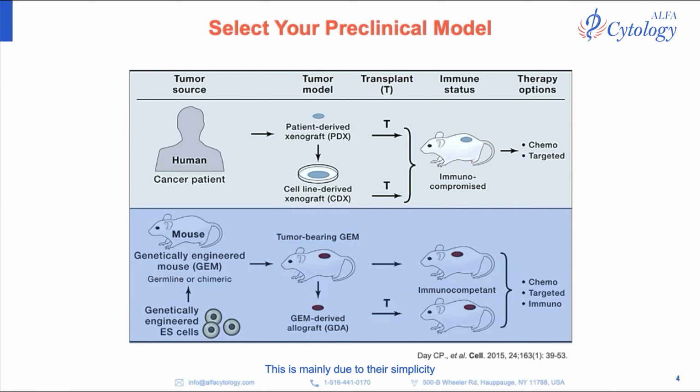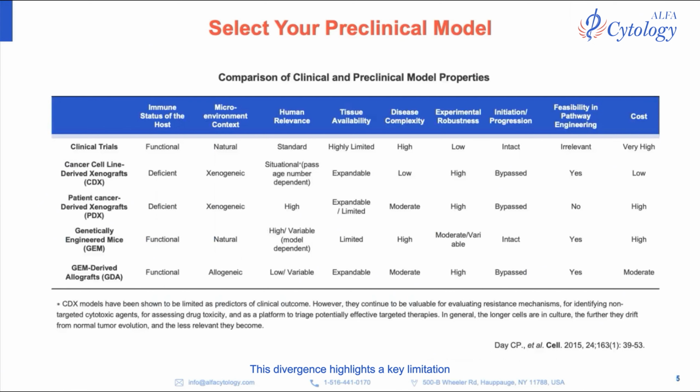This is mainly due to their simplicity. CDX models often lack the complexity and the heterogeneity seen in human tumors. For example, cells that have been cultured over a long period tend to diverge from the genetic and phenotypic characteristics of the original tumor. This divergence highlights a key limitation.